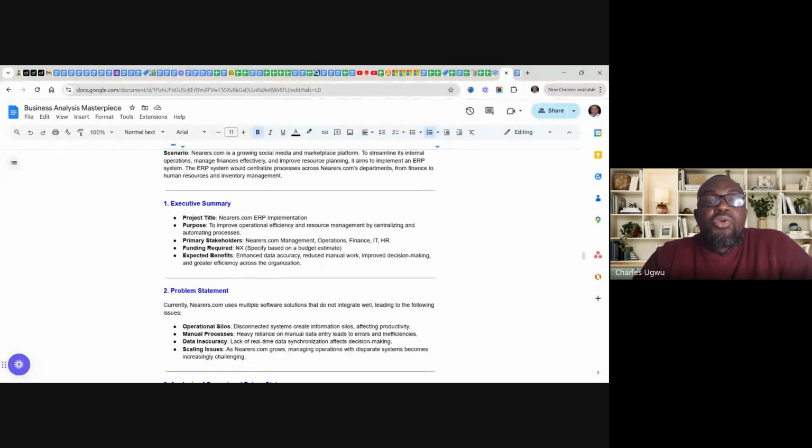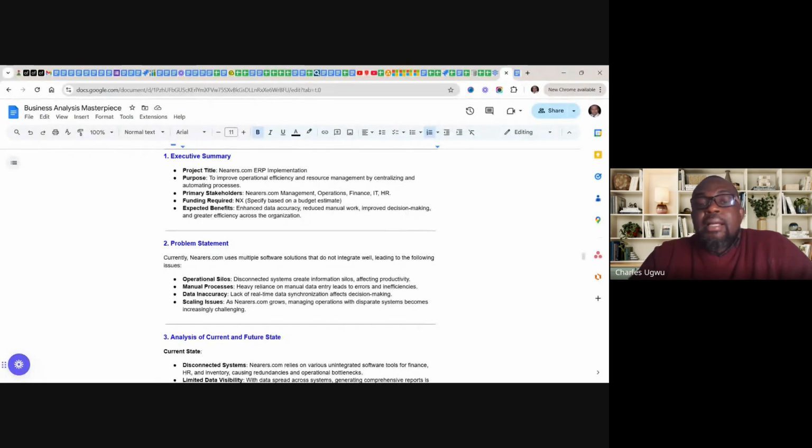So the purpose is to improve operational efficiency and resource management by centralizing and automating processes. The primary stakeholders will be neras.com management, operations, finance, IT, HR. Funding requirement is X Naira, and the expected benefit is to enhance data accuracy, reduce manual work, improve decision making, and greater efficiency across the organization.